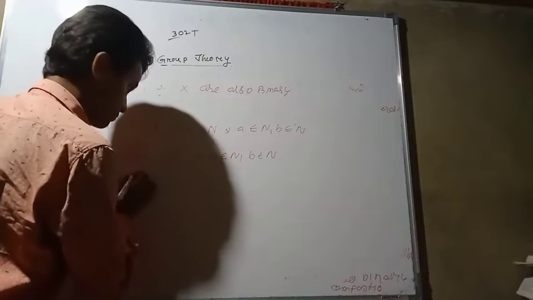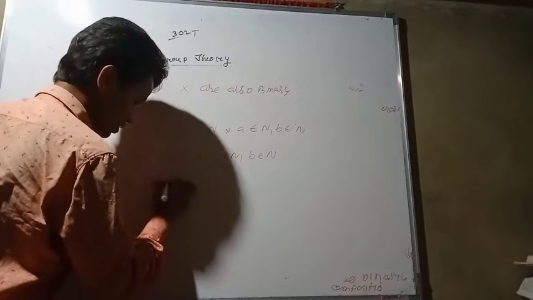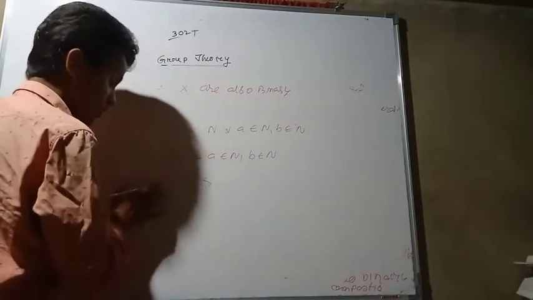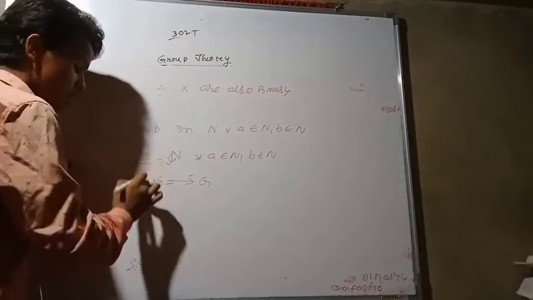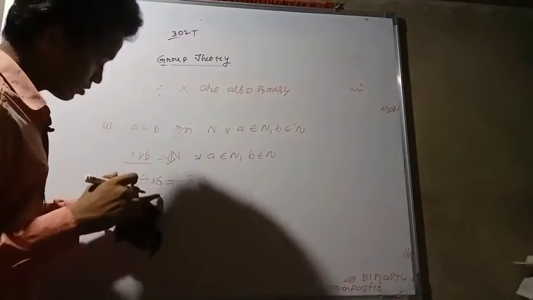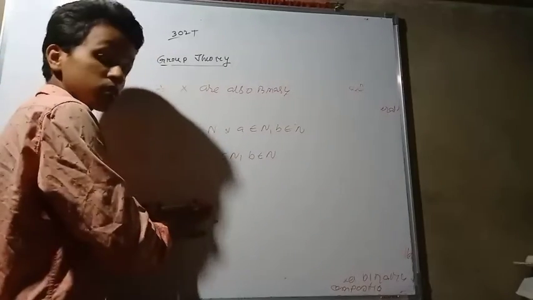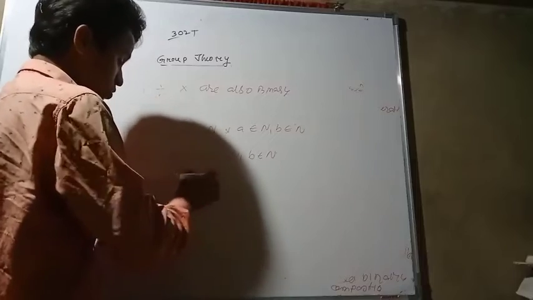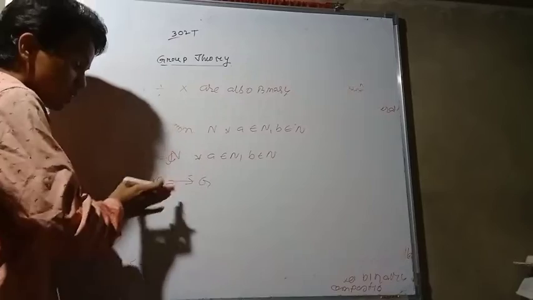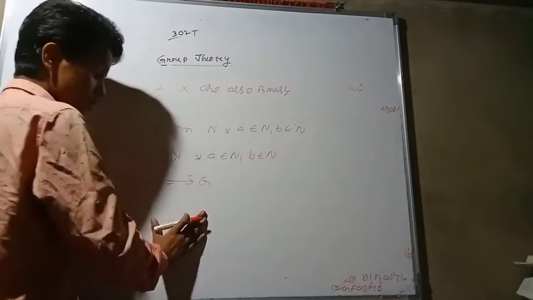So we write it as a function f from G cross G into G, mapping an element of G and another element of G to an element which belongs to G. This is called a binary operation.